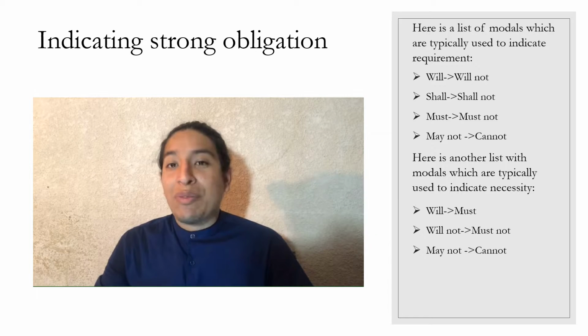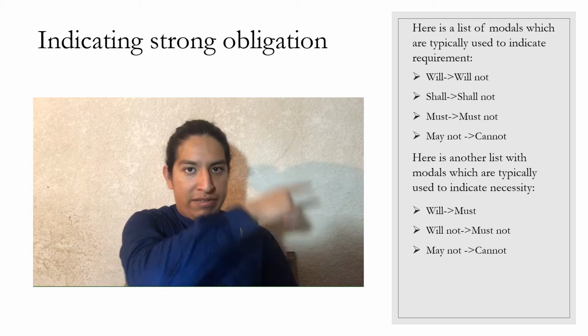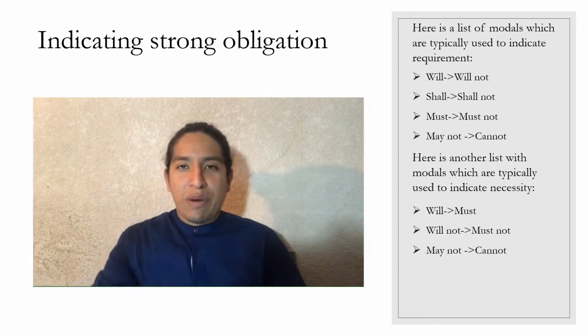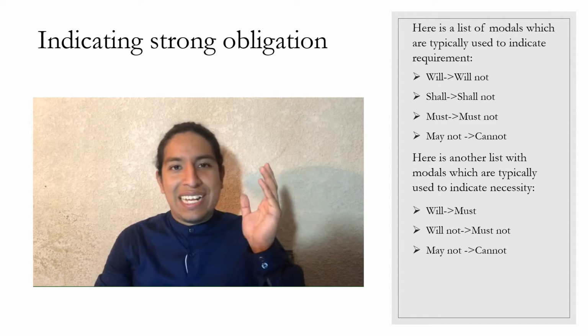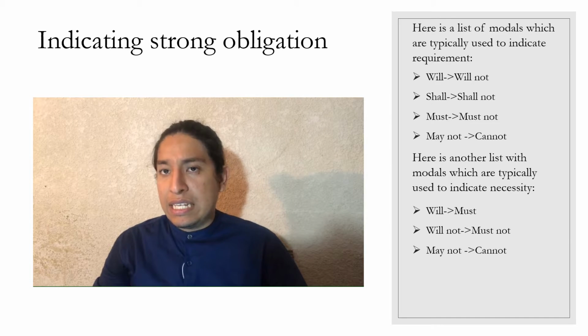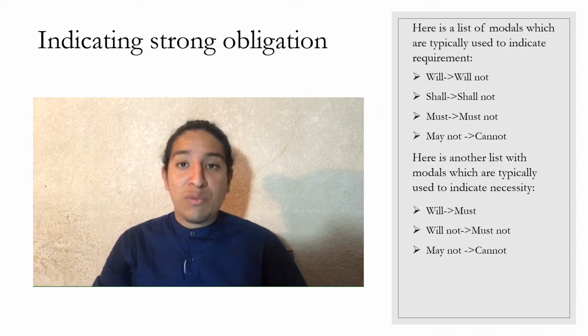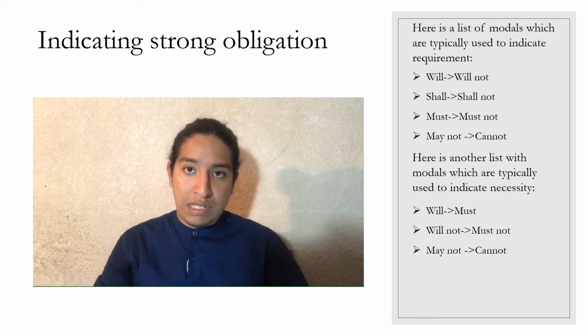Now we're going to talk about the necessities, and the list is right here, just below the other one. So we can see that must is again in the list. In this case, about necessity instead of requirement. So it's about saying something that needs to be done before something.